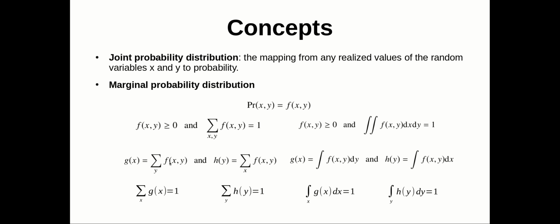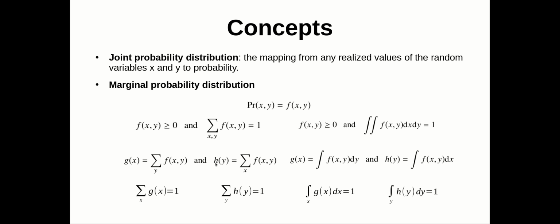The reason is because the sum over x of gx is equal to the sum over x, sum over y, fxy. And the sum over x and y of fxy equals 1. So the sum over x of gx equals 1. The same is true for the continuous case. If you integrate gx over x, the result is still going to be 1, right?